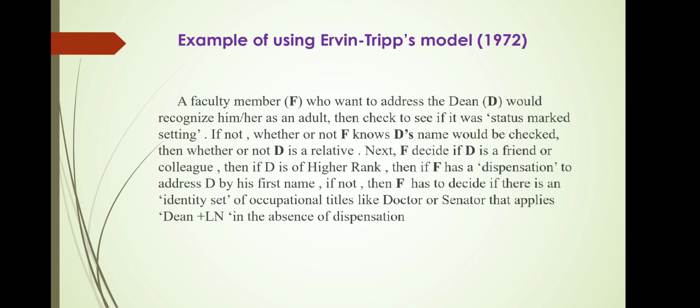Okay, and then whether or not D is a relative. Next, F decides if D is a friend or colleague. Then if D is of higher rank, then whether F has a dispensation to address D by his first name. If not, then F has to decide if there is an identity set or occupational title like doctor or senator that applies. Otherwise, dean plus last name in the absence of dispensation.